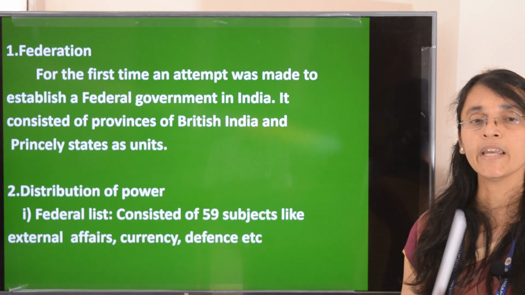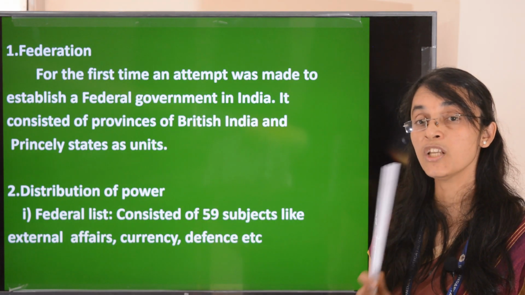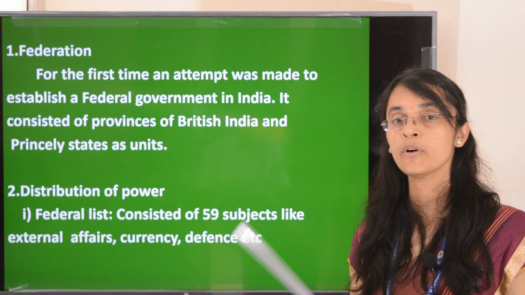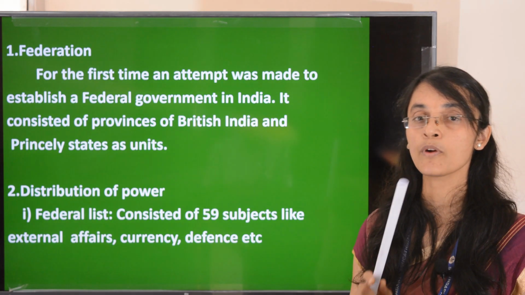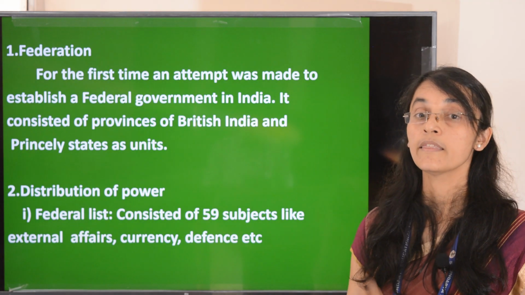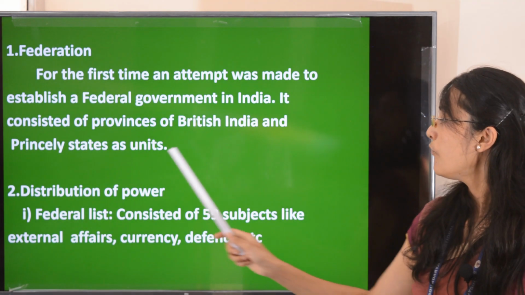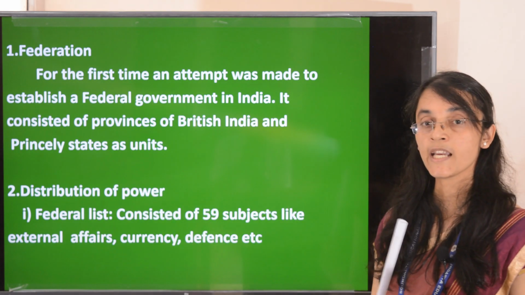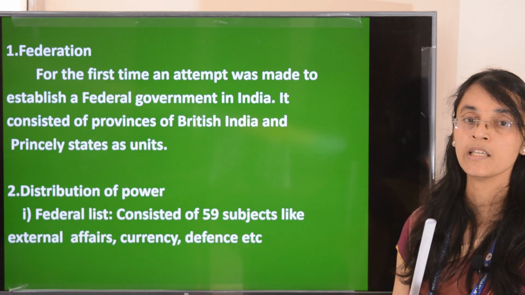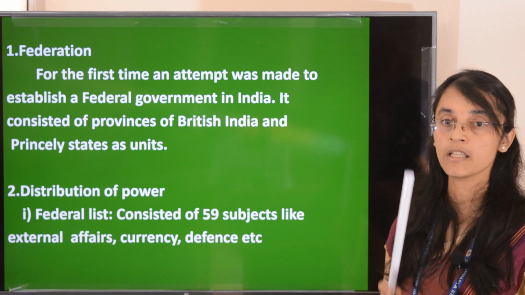The Act of 1935 divided legislative power between the center as well as provincial legislature. There was a threefold division. One is the federal list, second is the provincial list, and third is the concurrent list.